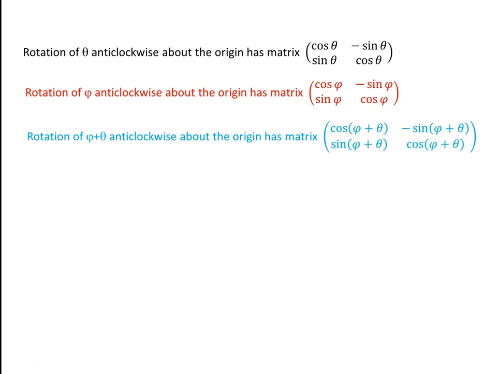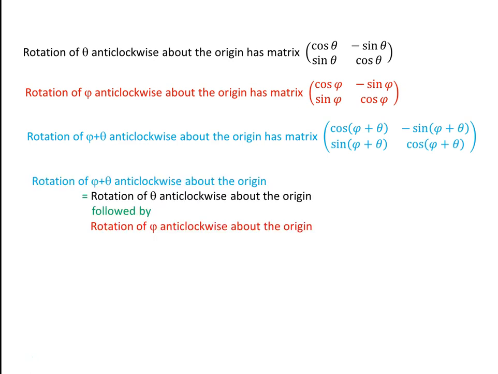And replacing theta by phi plus theta, we know that the matrix for rotation of phi plus theta is going to be cos of phi plus theta, sine of phi plus theta for the first column, minus sine phi plus theta, cos phi plus theta for the second column.